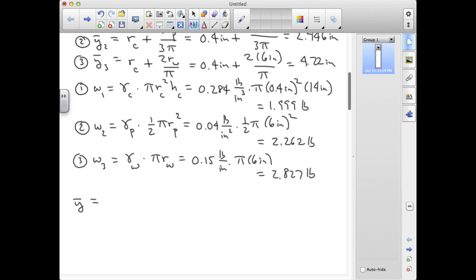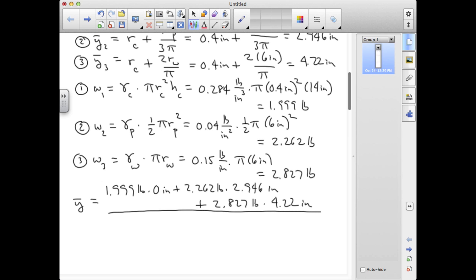The center of gravity is just the force-weighted average of the positions of those individual pieces. So this ends up being 1.999 pounds times 0 inches plus 2.262 pounds times 2.946 inches plus 2.827 pounds times 4.22 inches.